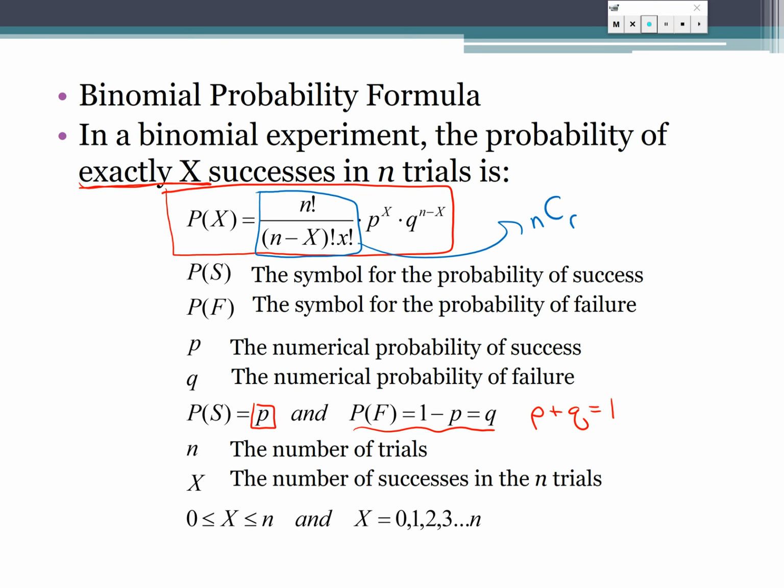It's a binomial experiment. There's only 2 possible outcomes, so you're either going to have a success or a failure. There's no other choice. So if I add those 2 probabilities together, they need to equal 1.